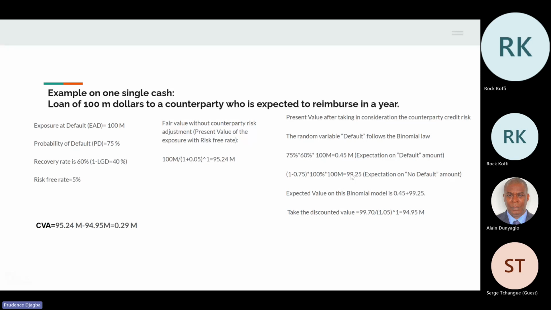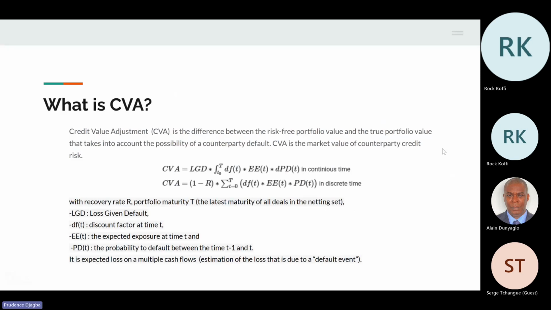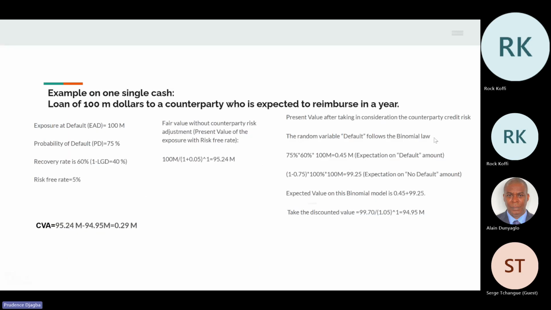So when I take into consideration the counterparty credit, the CVA can be viewed as the expected loss on a single cash flow. That means it can be viewed as the expectation on a binomial model. So the random variable that we will be taking here is default.